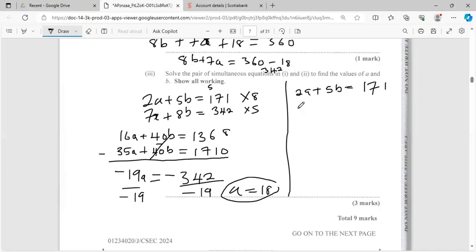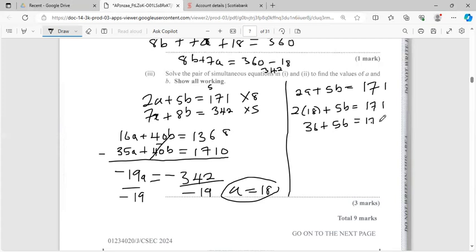So 2 times 18 plus 5B equals 171. Let's go, guys. 2 times 18, that's 36. 36 plus 5B. This is a very nice question. I like it. I'm not gonna lie.